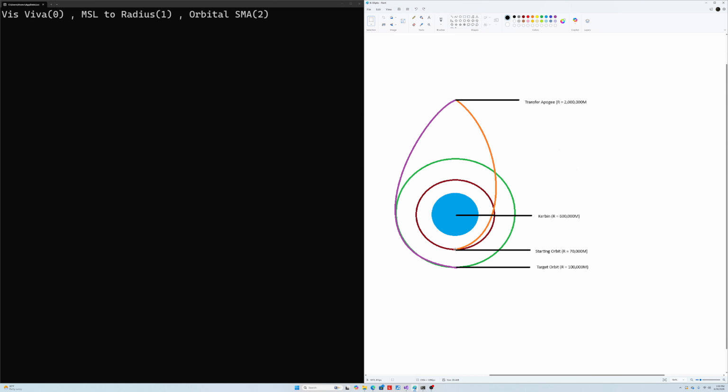However, the question arises, precisely, how do we know how much delta V we need in order to perform this maneuver? And in order to do that, we need to take great advantage of an equation called the vis-viva equation.